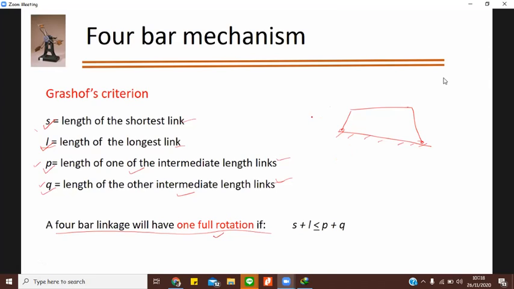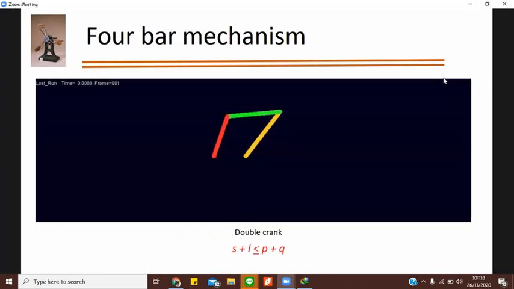You can have rotation in the other 2 links as well, but at least 1 link will rotate if shortest plus longest link is less than or equal to the other 2 intermediary links. So the summation of the length of the shortest plus the length of the longest link, if it is always less than or equal to the sum of P and Q, the other 2 intermediate links, then you will always have 1 full rotation in your mechanism. Okay, so this is one thing to understand.